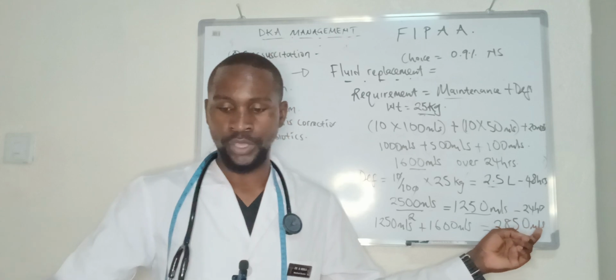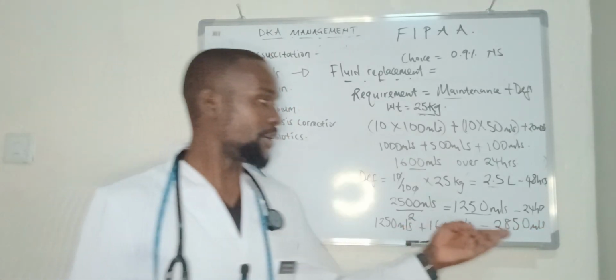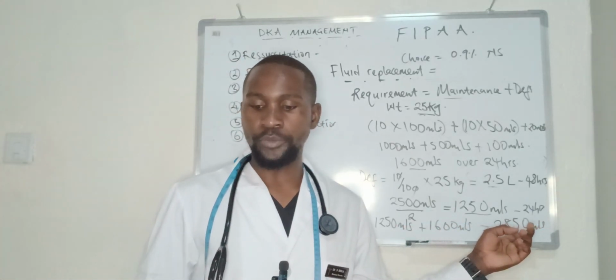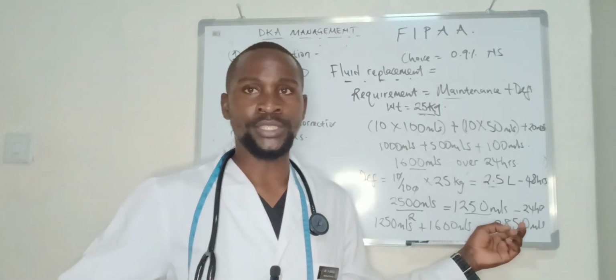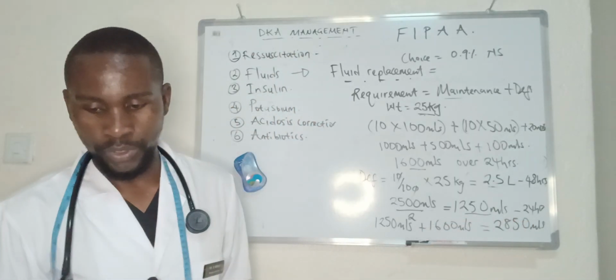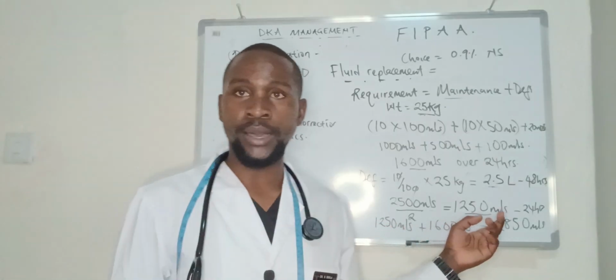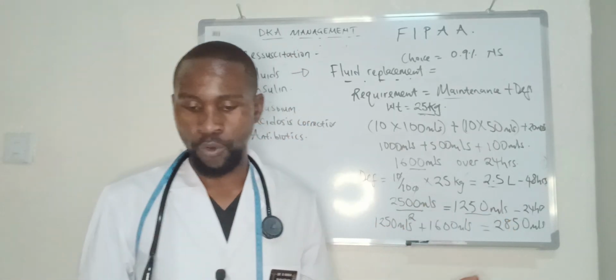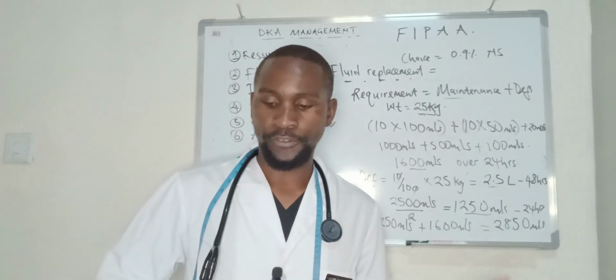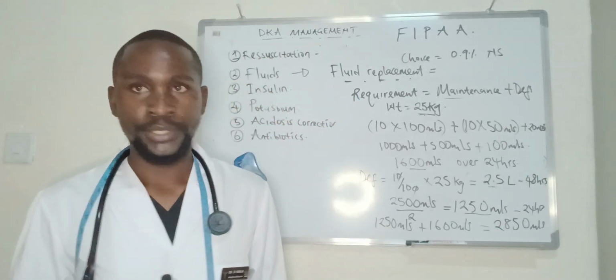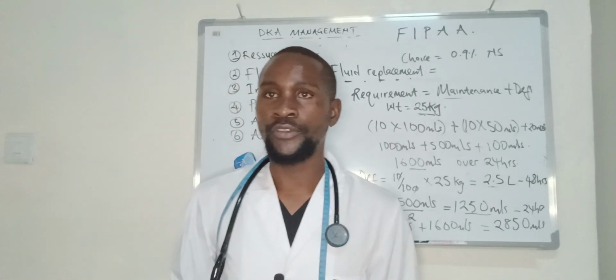When you divide this by 3, you are going to be giving something like 950 mils every after 8 hours. And if you want to be giving 6 hourly, you divide it by 4, meaning you're going to be giving 710 mils every after 6 hours. So that is how you are going to be giving the fluids.